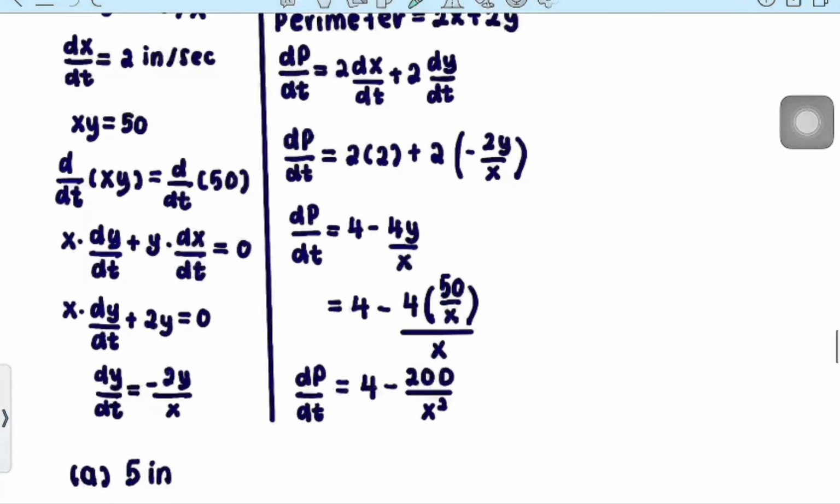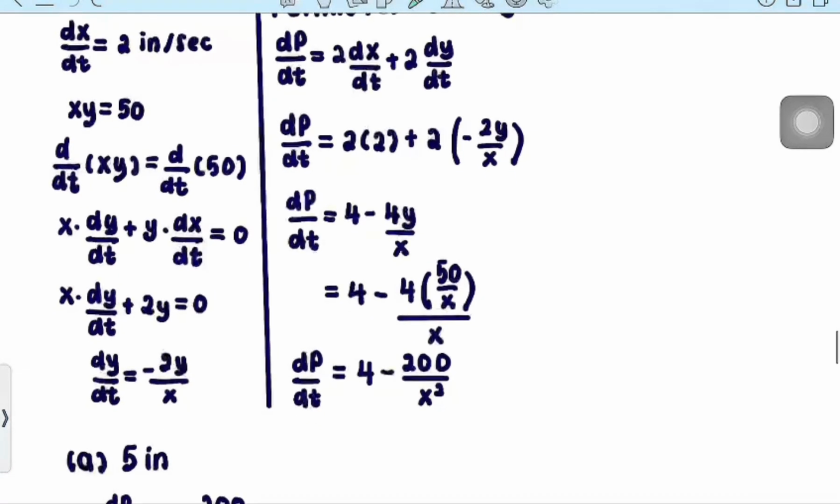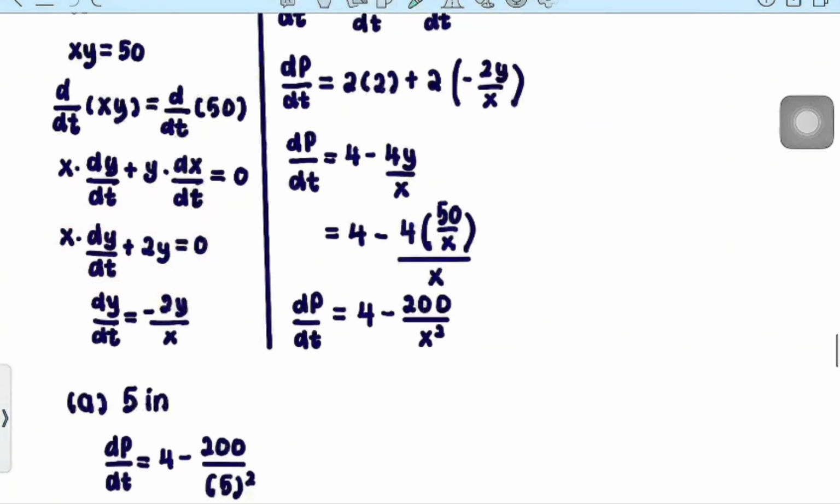After we solve this, we get the final equation: x multiplied with dy over dt plus 2y equal to 0. We solve this for dy over dt, so we get dy over dt equal to negative 2y over x.